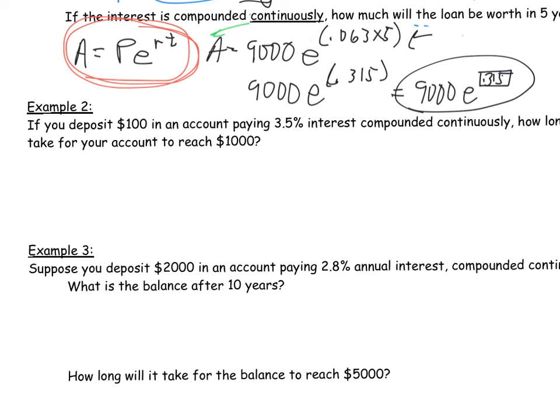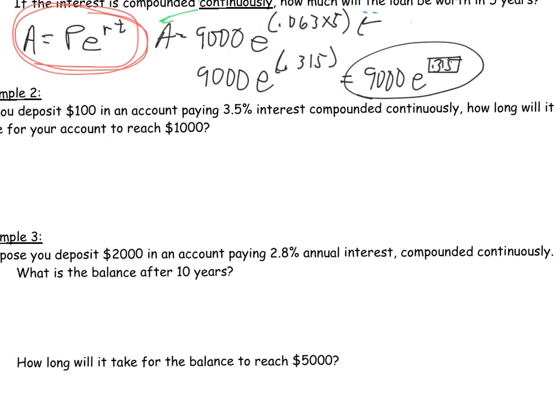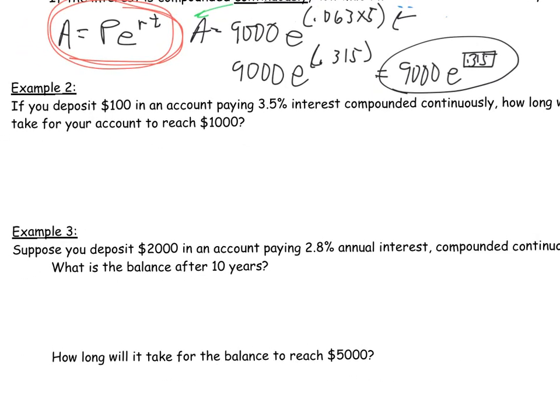If you deposit 100 in an account paying 3.5% interest compounded continuously, how long will it take your account to reach $1,000? Okay, if you deposit 100 in an account paying 3.5% interest. So it says continuously. So we're going to use this APERT formula. Principal e to the RT power. It's probably a little bit easier to use than the other one. How long will it take your account to reach $1,000?